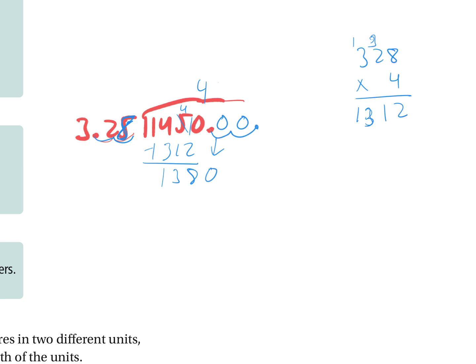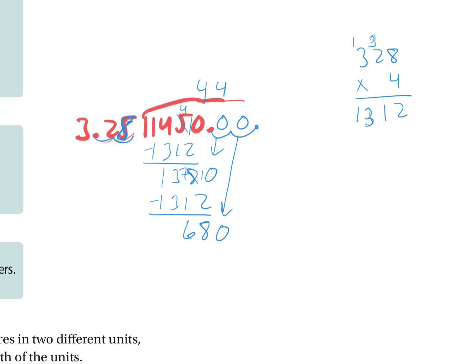So let's use the exact same number. It goes in 4 times, 1,312. Subtract that from 1,380, and we get 68. And then we bring down the last 0.